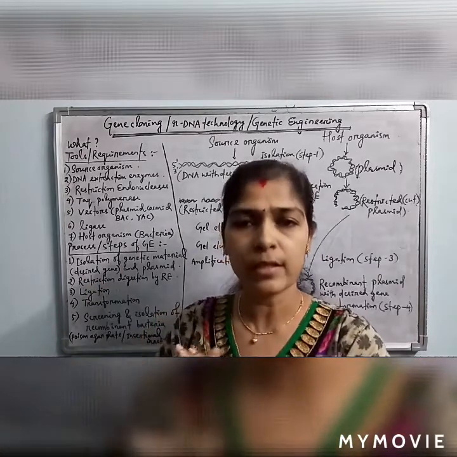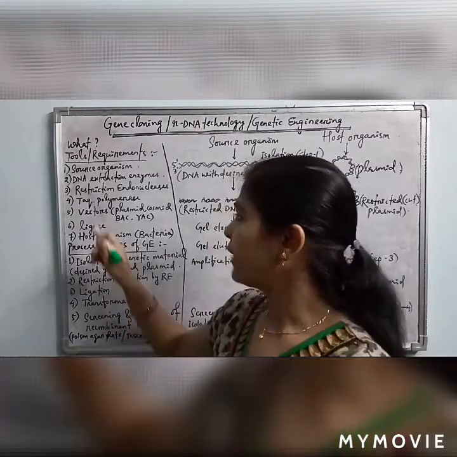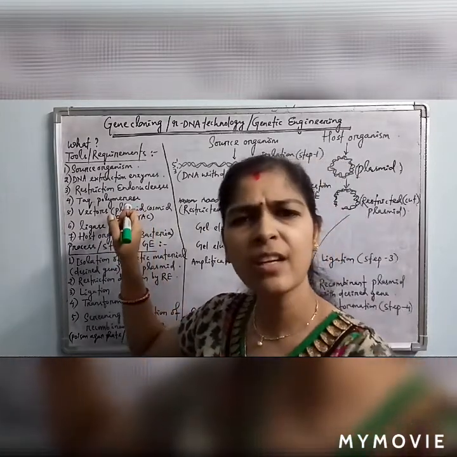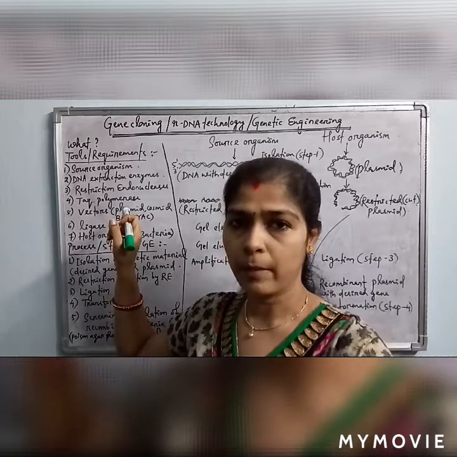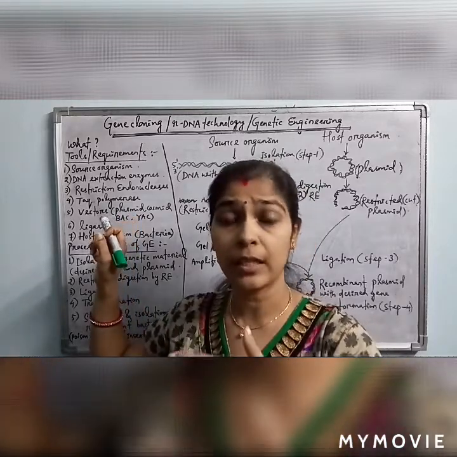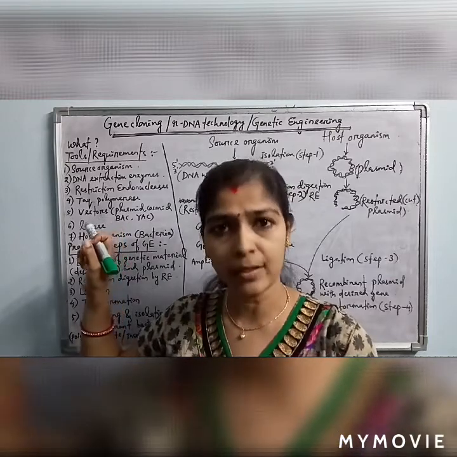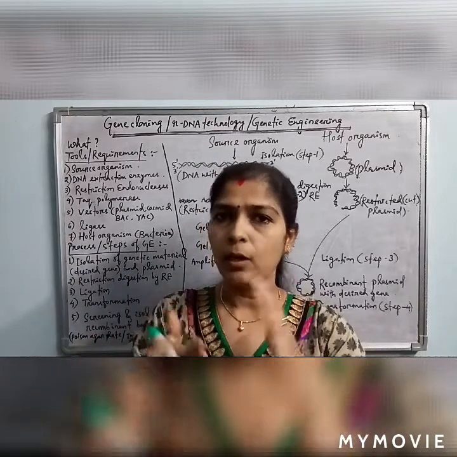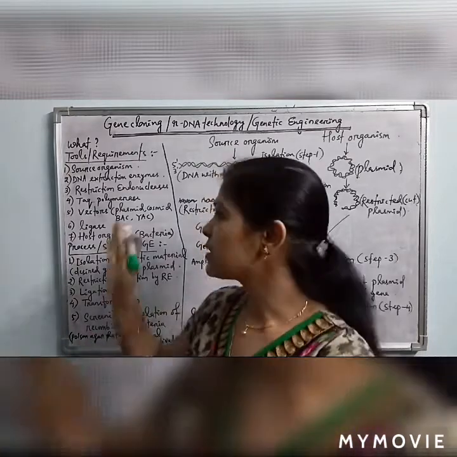Plasmid is mostly utilized in gene cloning because it is very small, it can be easily manipulated to make the recombinant plasmid, and it can easily be transformed into the bacteria so that it can be multiplied inside the bacteria, and the bacteria can also be cultured easily. So plasmids are mostly utilized.